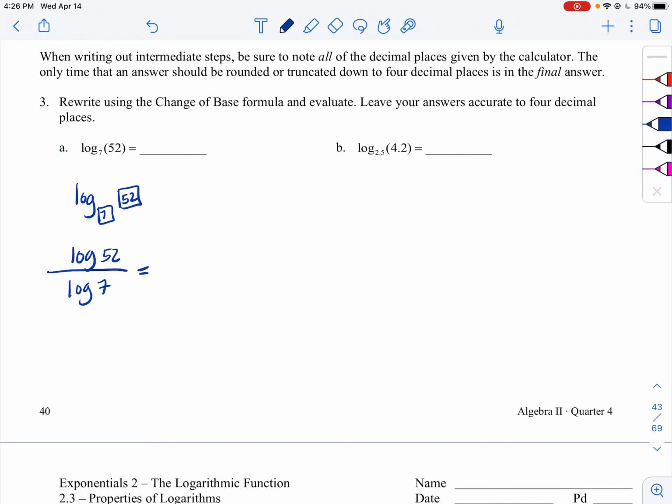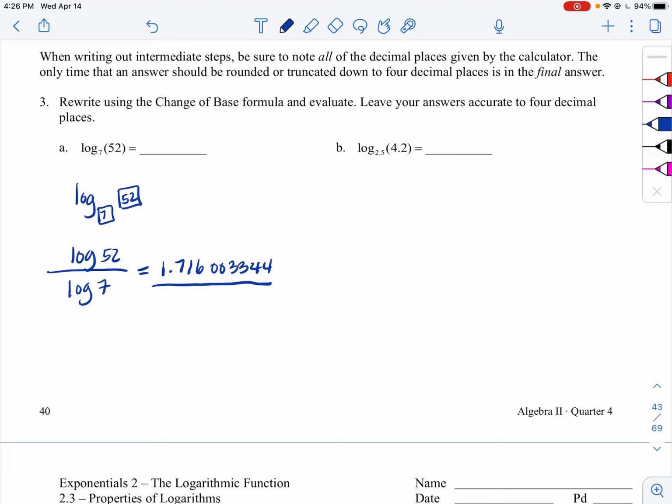But if your calculator can't do that, you'll have to solve it as log 52. So you'll actually have to do 52 and then log, and you would have to type every single number, no rounding, every single number that comes out in your calculator.